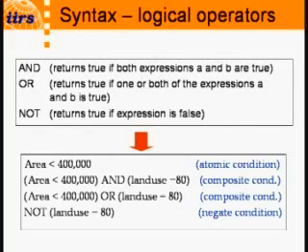Like in A you have 0, B 0, then your output will be 0. Then if A is 1, B is 0, then the output also will be 0. If A is 0, B is 1, then also the output will be 0. But if A is 1 and B is 1, then your output will be 1. So you can use the same truth table concept in this and generate the outputs.